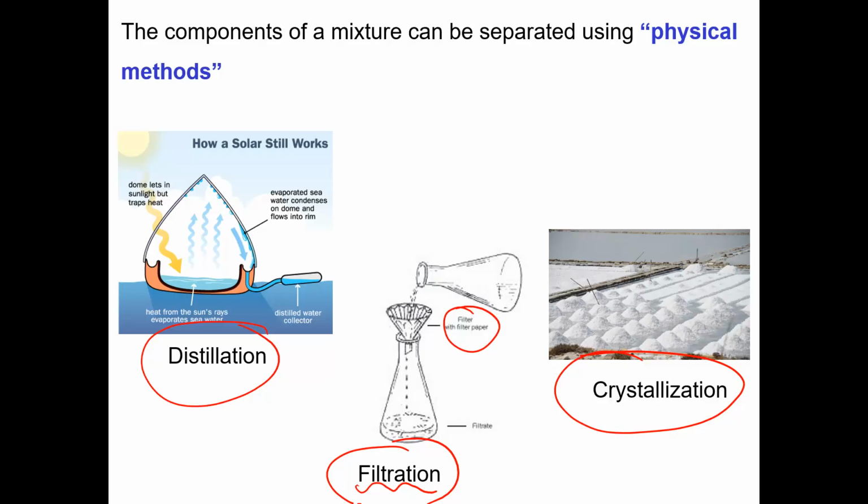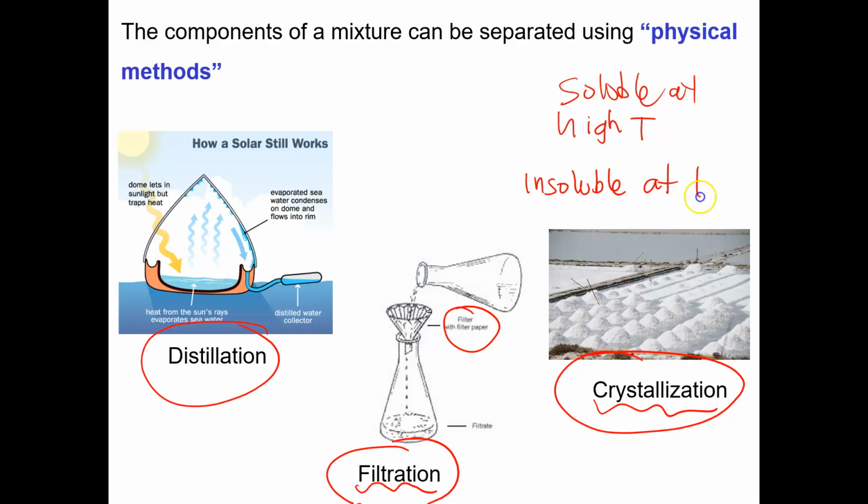Towards the end of General Chemistry 1, we're going to be taking advantage of what we call crystallization to separate a solid from a liquid. So some solids are soluble at high temperature, and insoluble at low temperature.